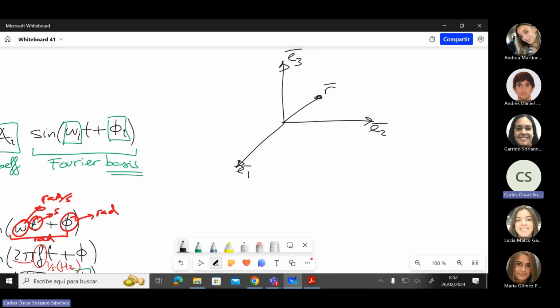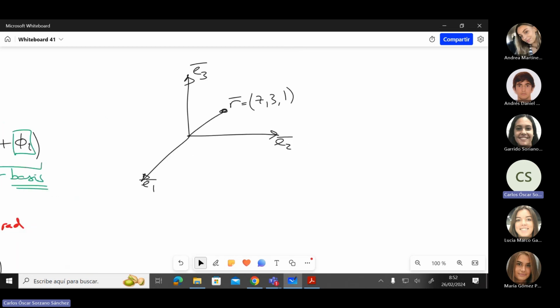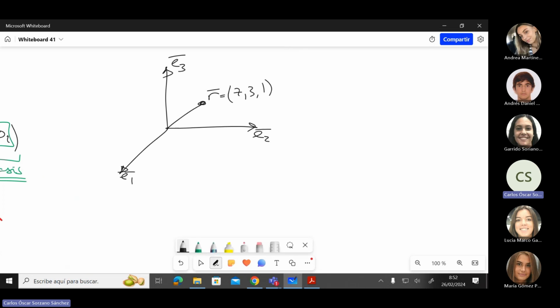You say this point is exactly the numbers 7, 3, 1. Okay, so what does it mean? It means that this is 7 times E1 plus 3 times E2 plus 1 times E3.